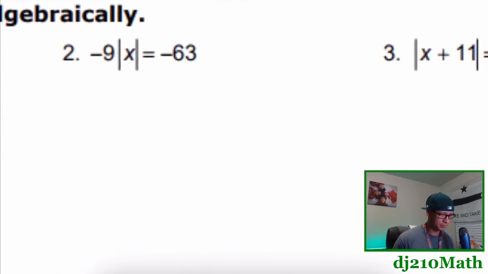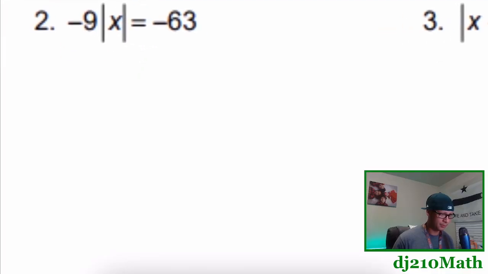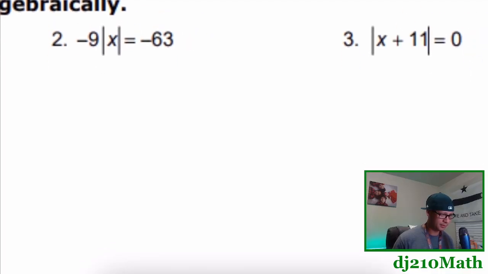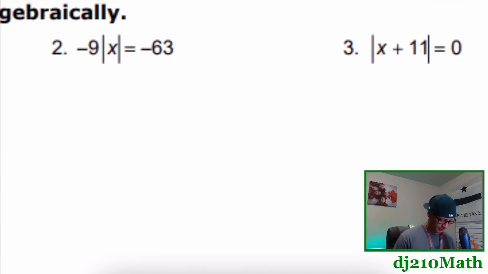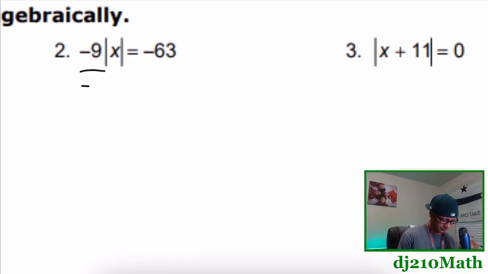All right, number 2. Negative 9, absolute value of x equals negative 63. We can't jump to no solution until we know that just the absolute value is equal to a negative number. So the first thing we're going to do is divide both sides by negative 9.